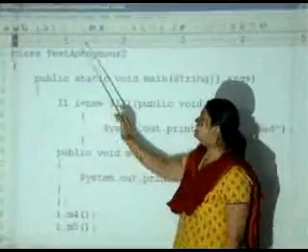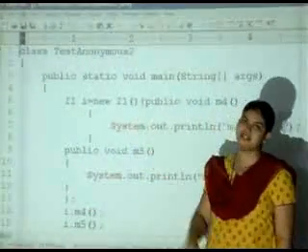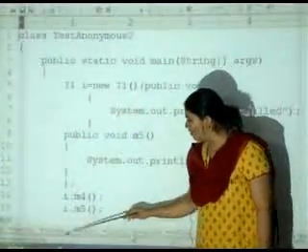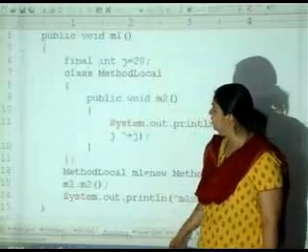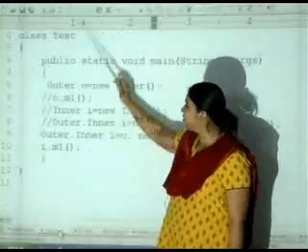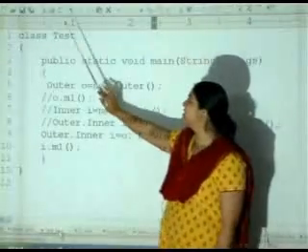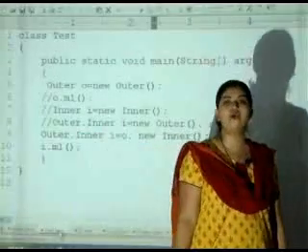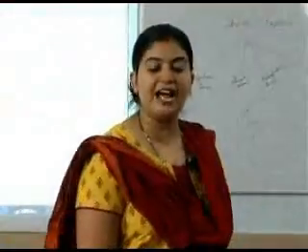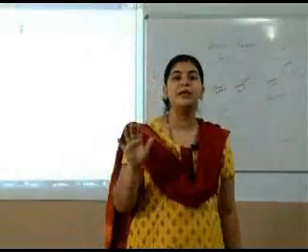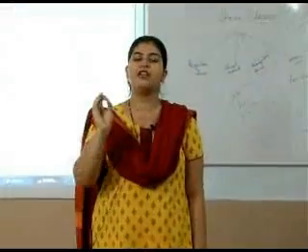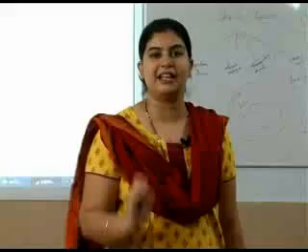The name of this class is test anonymous. Now just go to this test.java. What is the name of this class? The name of this class is test. So whenever you are declaring a class, and if a class does not have any name, it is called an anonymous class.